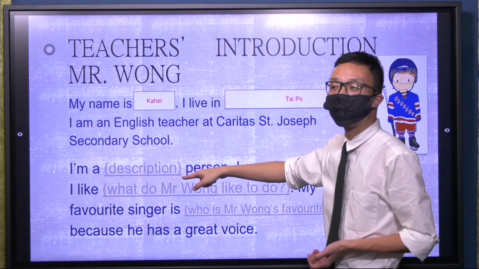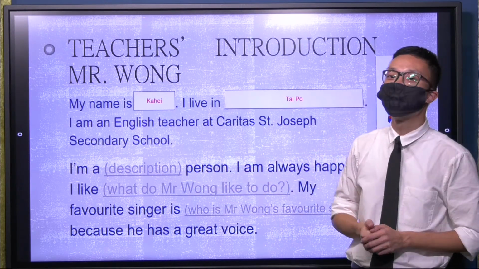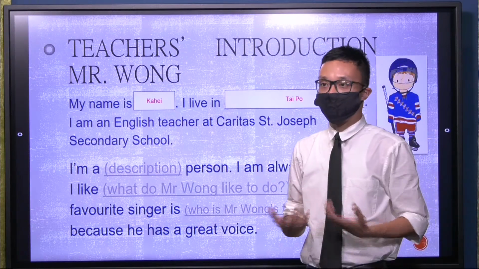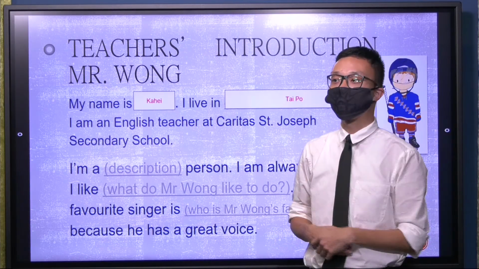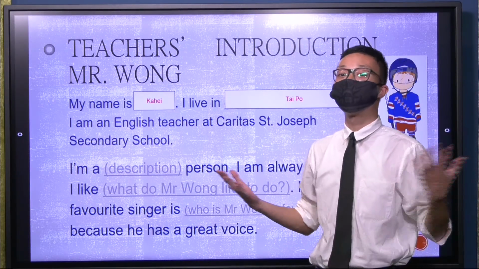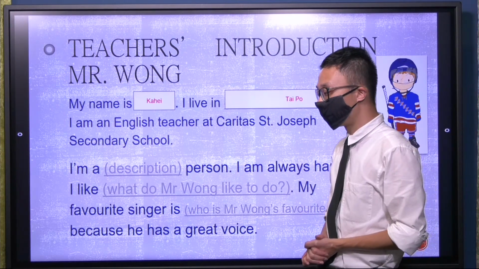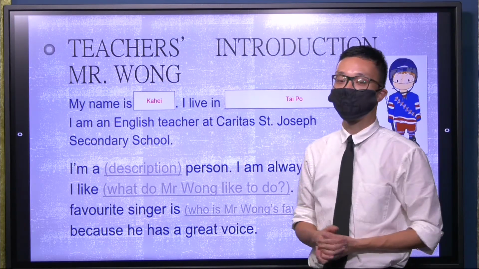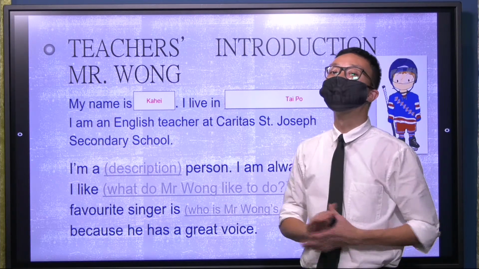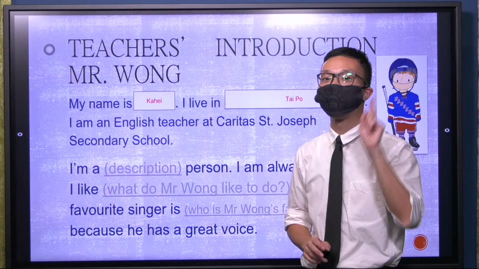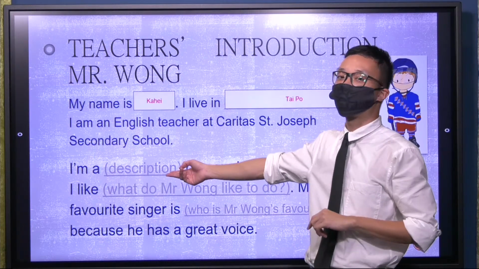Okay, here it says I am a person, and you see that in gray it says description, meaning something you can describe yourself with. Say how you would describe yourself. You're a happy person, or a sad person, or a pessimistic person, anything. Just think of one adjective, 形容詞, to describe yourself.